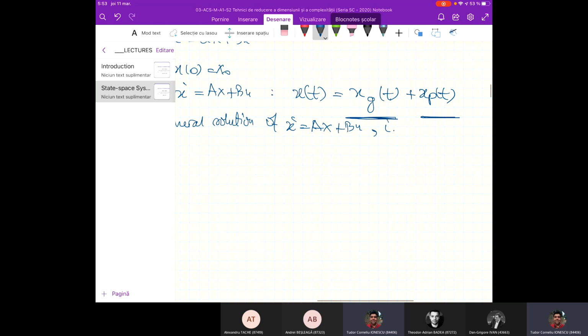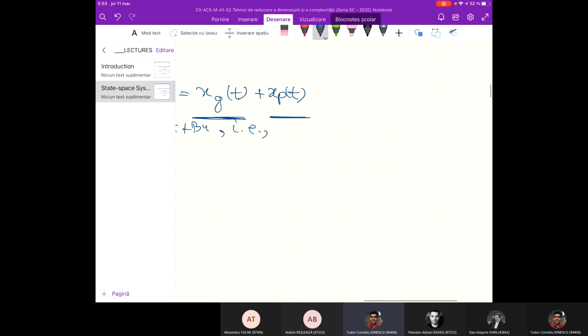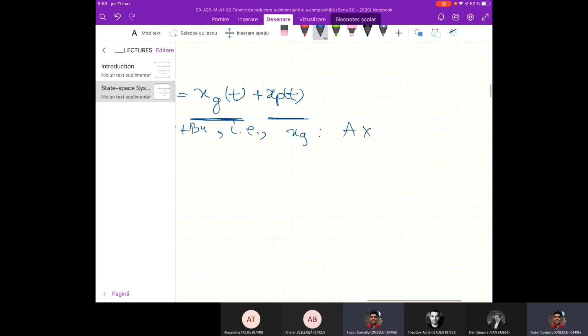Xg is the solution of the system x dot equals Ax, so when B is 0.